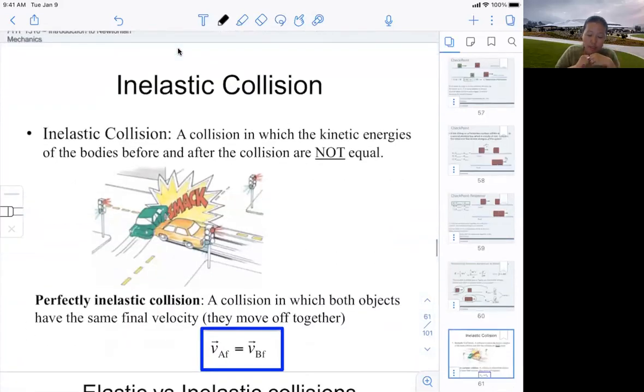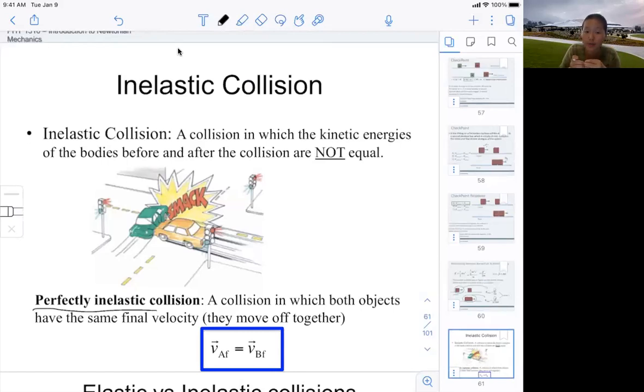So let's look at inelastic collisions, where we said the kinetic energy is not the same before and after, right? We are looking at one particular type of inelastic collision where we can solve. It's called perfectly inelastic. It means that it's 100% inelastic, because that gives us one more condition, which is when the bodies are sticking together after collision, like the one we just saw, or like a car crash.